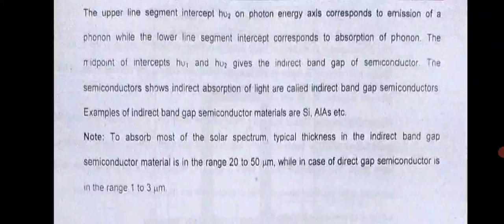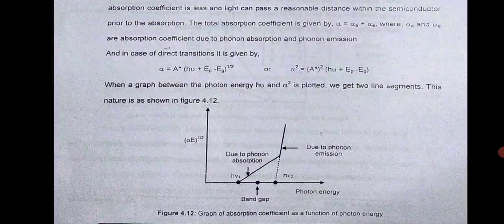If we see in the figure, the upper line segment is the intercept of h nu 2 on the photon energy axis, which corresponds to the emission of a phonon, while the lower segment intercept corresponds to the absorption of the phonon.